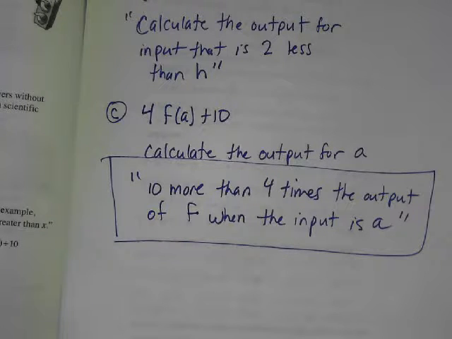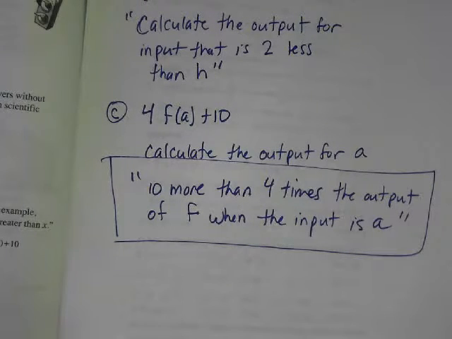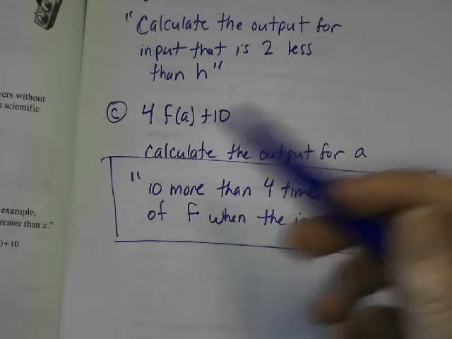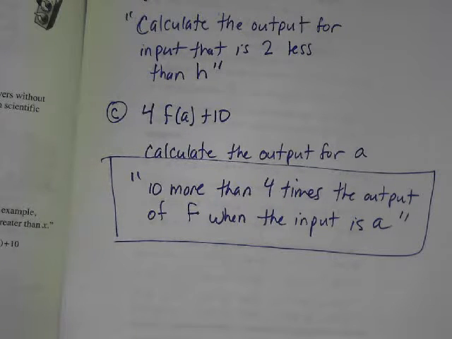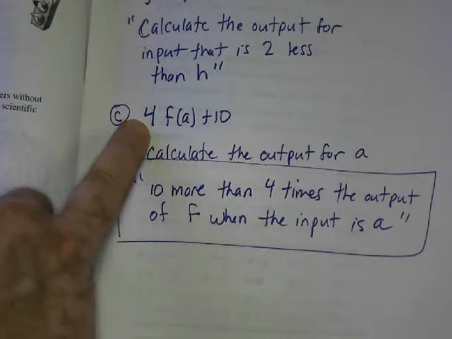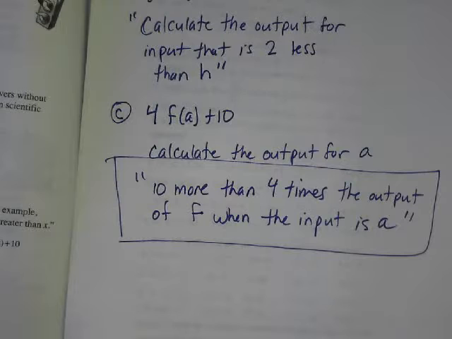So there's a lot of different ways you can say it. Basically you're plugging some number in for A. We don't even know what the function is, but whatever it spits out is getting multiplied by 4 and having 10 added to it. Okay, so we'll close this down.